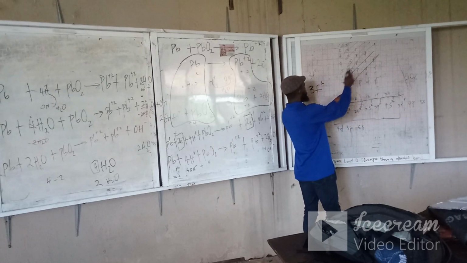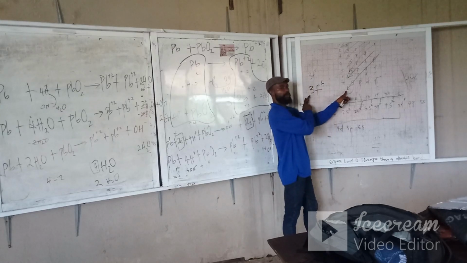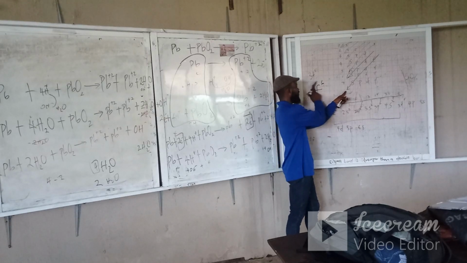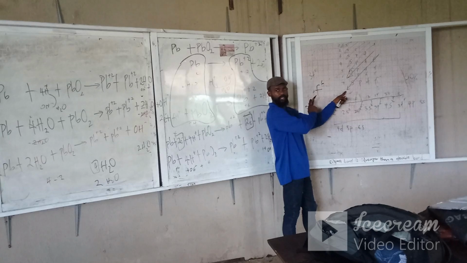Notice something. I am now having, you see that this thing cannot be possible. It's what we call quantum mechanically forbidden. You can never have 3F. So when it's not possible, it's called quantum mechanically forbidden.